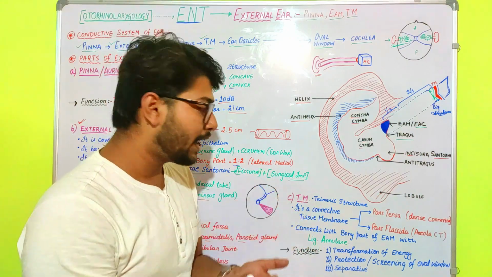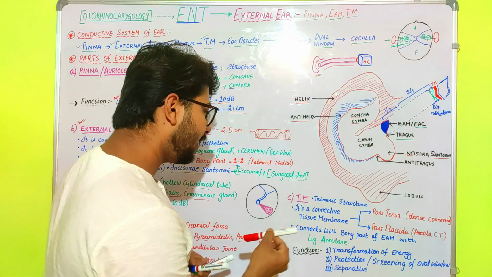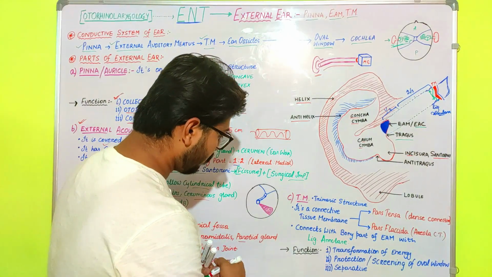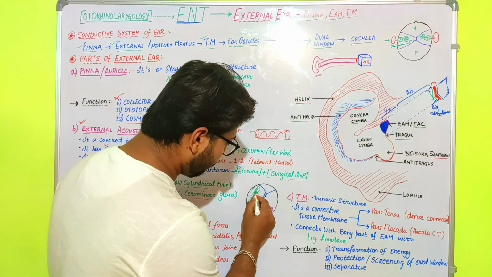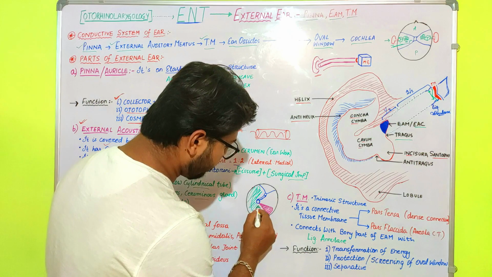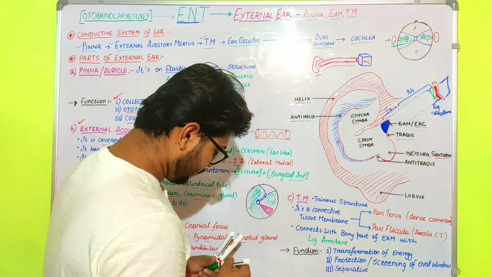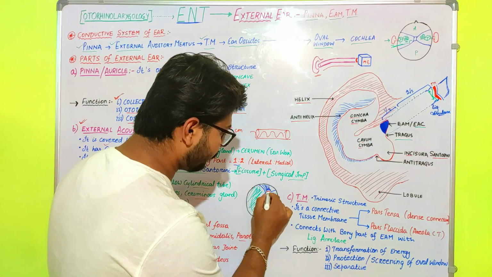As it is a connective tissue membrane, it is divided into two parts. One is the pars tensa. This whole part represents the pars tensa, and this bluish region represents the pars flaccida.